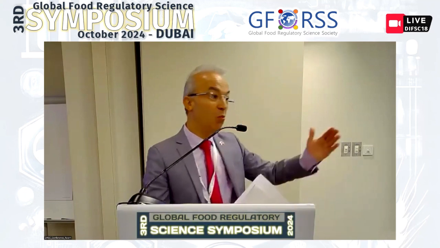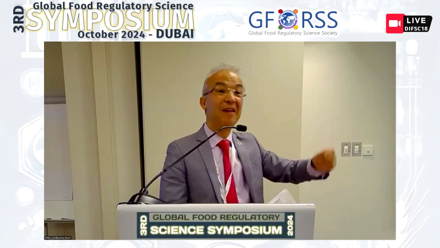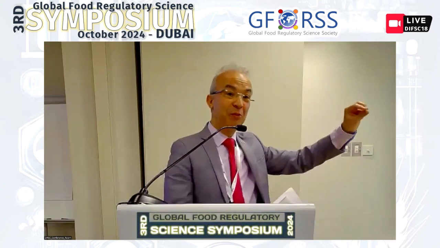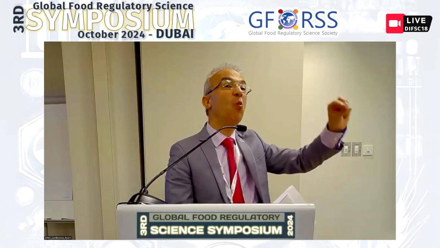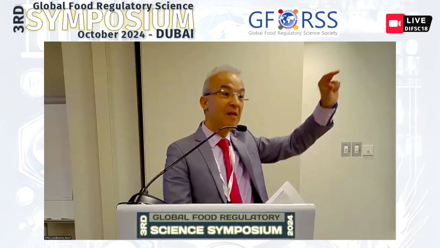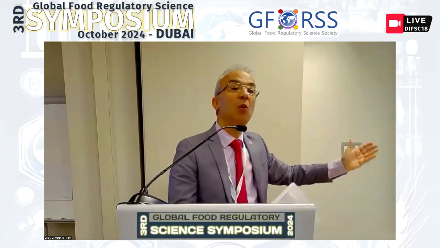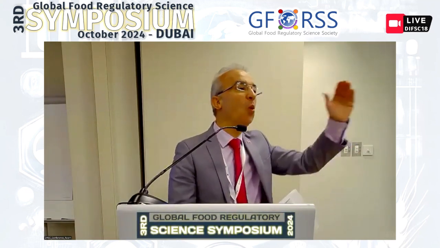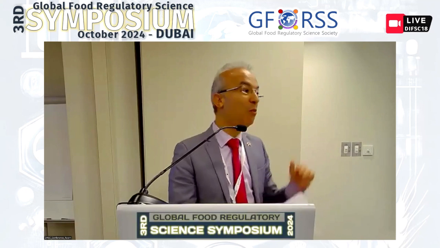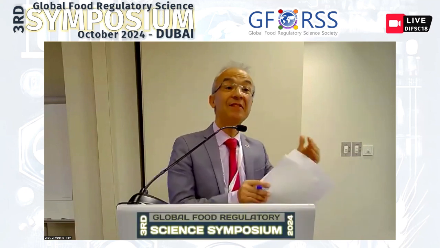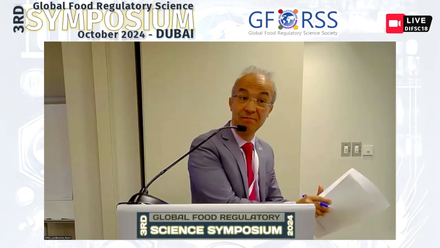So one country can decide that, for example, as I gave you the example, at 1 nanogram per kilogram body weight per day, I do not want to see more than 1 cancer increase per 100,000. You may have another country that says, you know what, I want that level to be 1 in 1 million. I want to protect more. And that's a decision for the country to make.